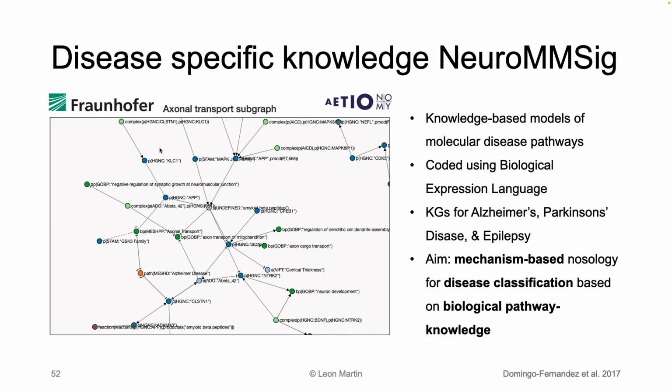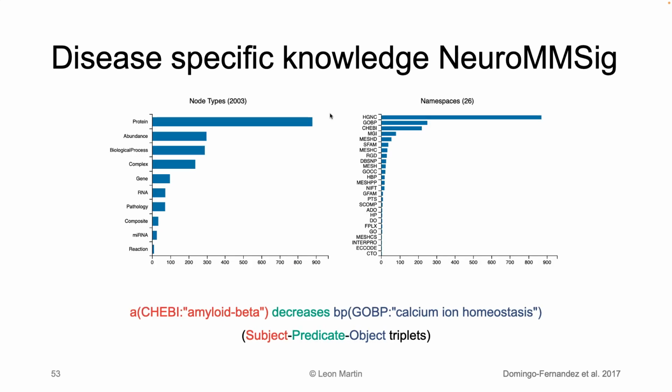defined in another ontology. So this is NeuroMSIG, and the aim is like a mechanism-based nosology for disease classification based on biological pathway knowledge. It has like tons of proteins, abundances of proteins, biological processes, complexes of different genes and proteins, genes, pathologies, diseases.